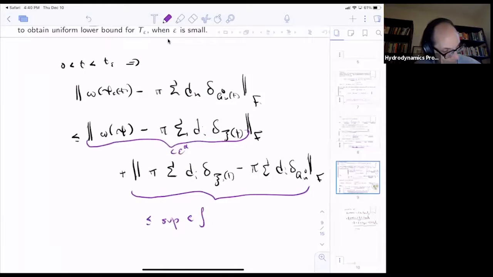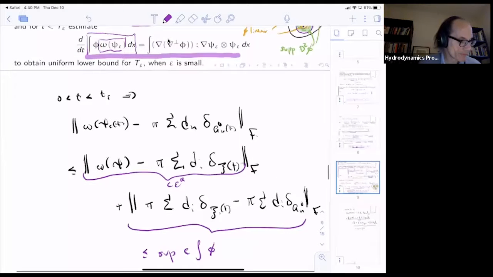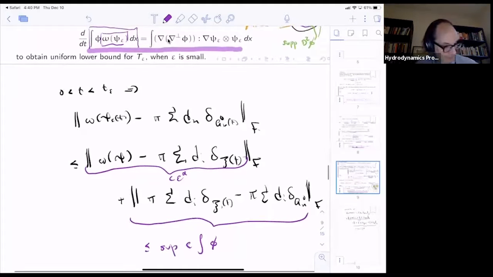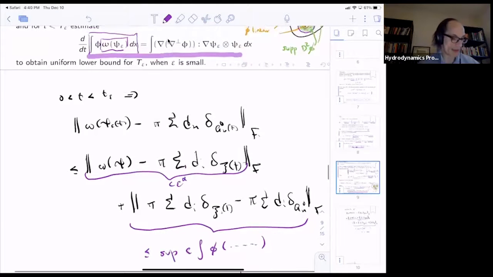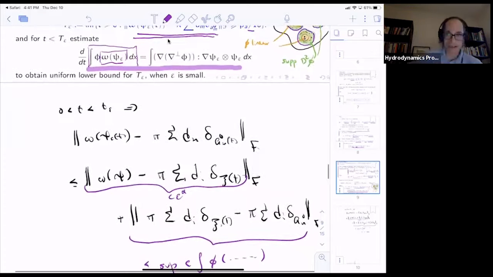A constant times the integral of phi times this stuff for phi as above. The point is I can basically treat this omega as being a sum of delta functions. I can swap it in and out, and so for sums of delta functions I can control the difference by a restricted class of test functions phi. Okay, so that's a little more detail.